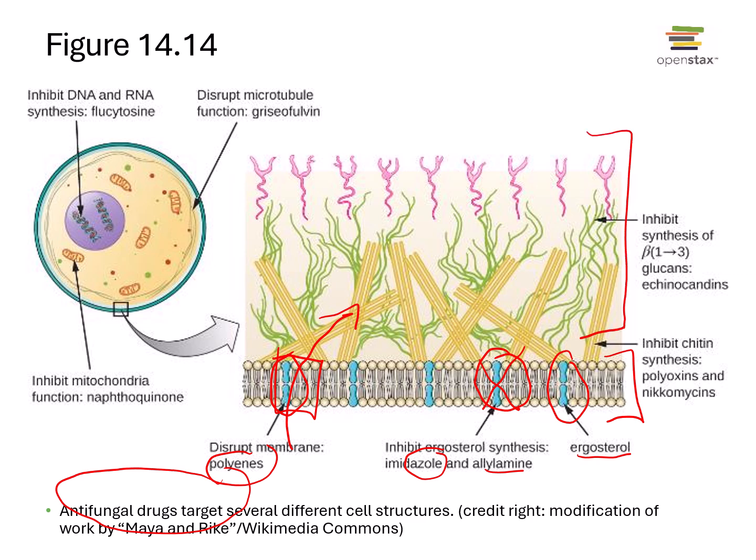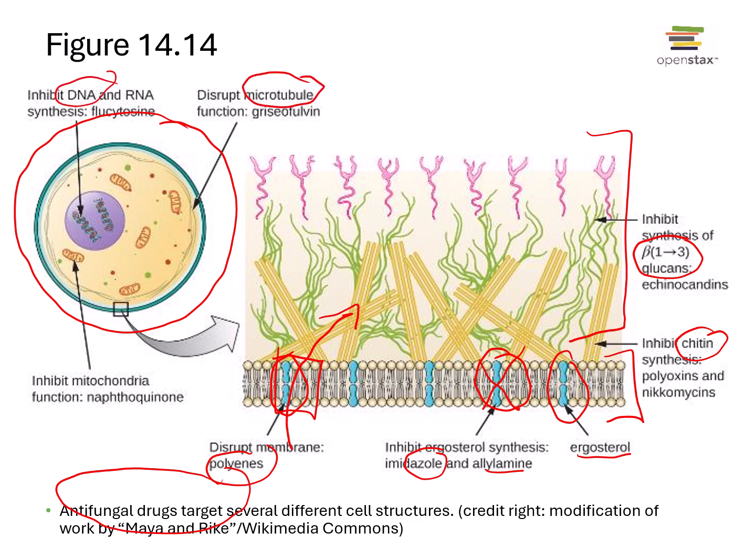We had groups of drugs that block the formation of critical cell wall components, such as beta-glucans or the chitin, and drugs that block normal cell function, such as inhibiting DNA or disrupting mitosis by disrupting microtubules. We even had drugs that affected the electron transport chain.